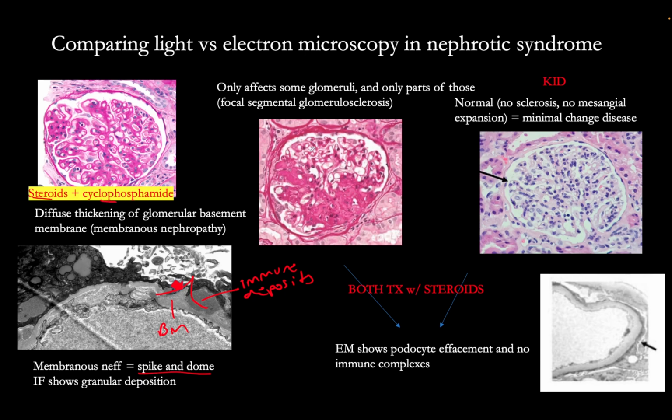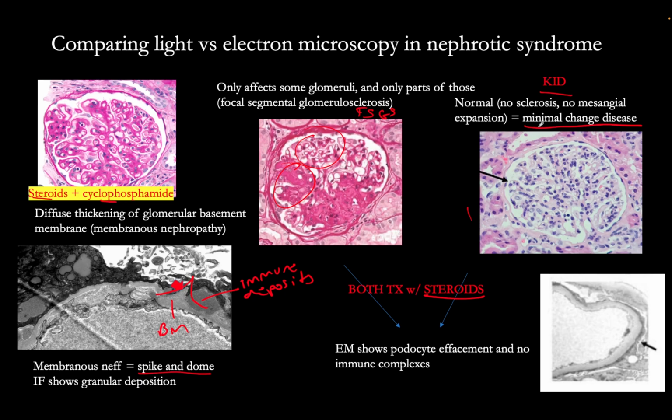Now, the other one that we talked about, where we had some normal regions and some sclerotic regions, remember we were calling this FSGS. So we treat that with steroids. And then the third one, I've just posted a picture of a normal nephron. And if you remember, in children, the most common cause of nephrotic syndrome is minimal change disease.